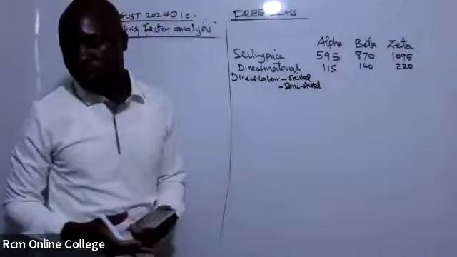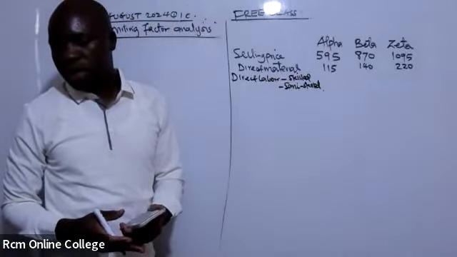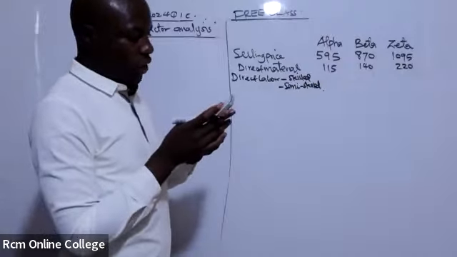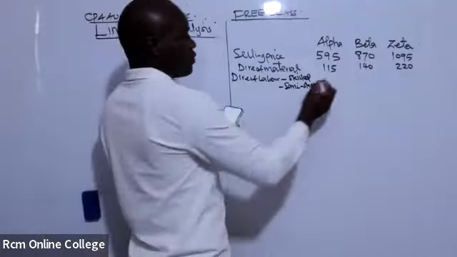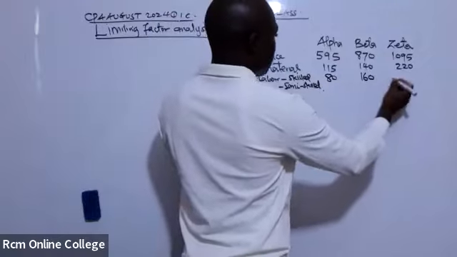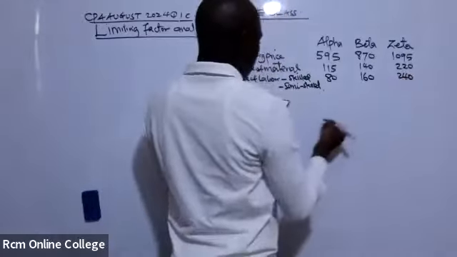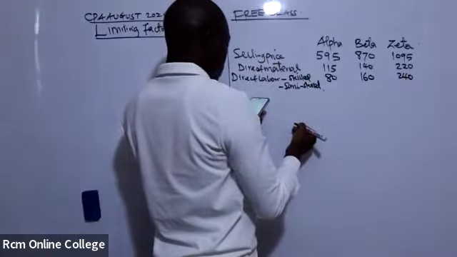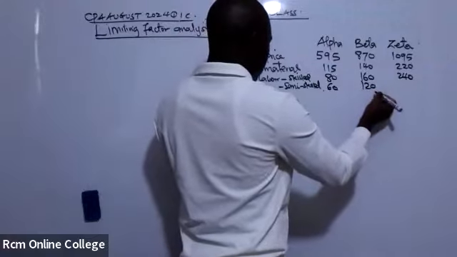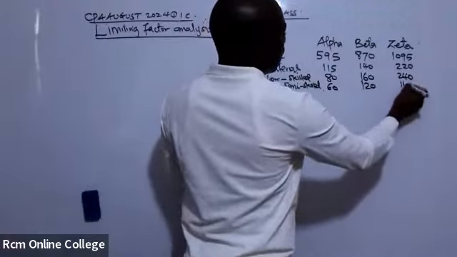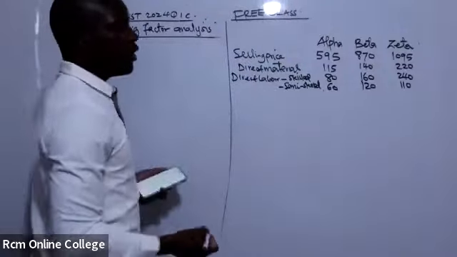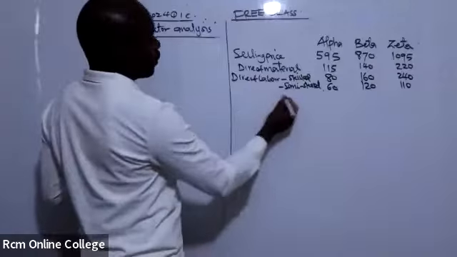I can see the skilled, we have 80, 160, 240. Then 60, 120, then we have 110, that is labor. Then from that, we are talking about variable production overhead.